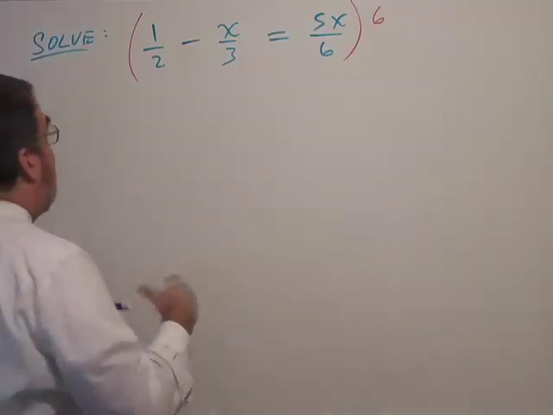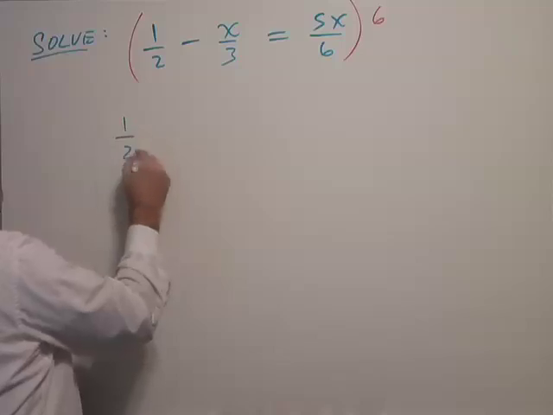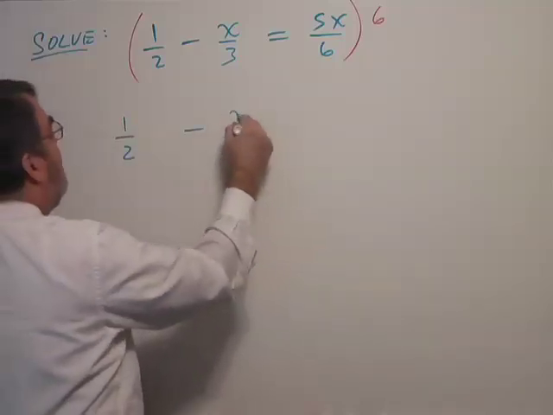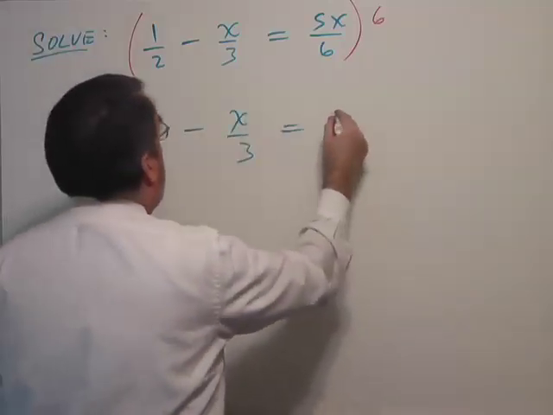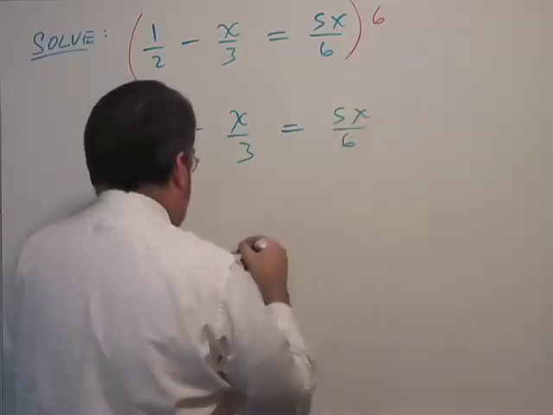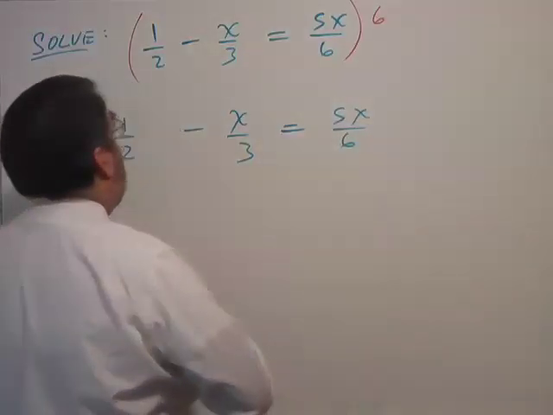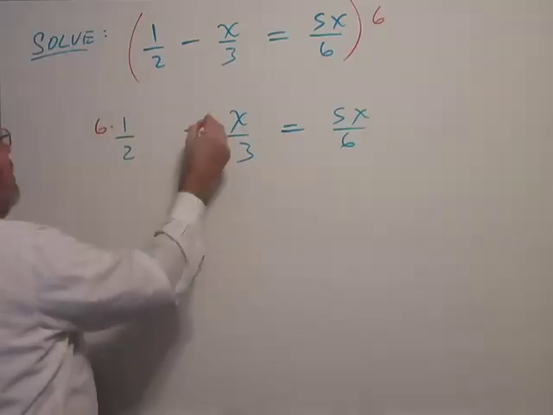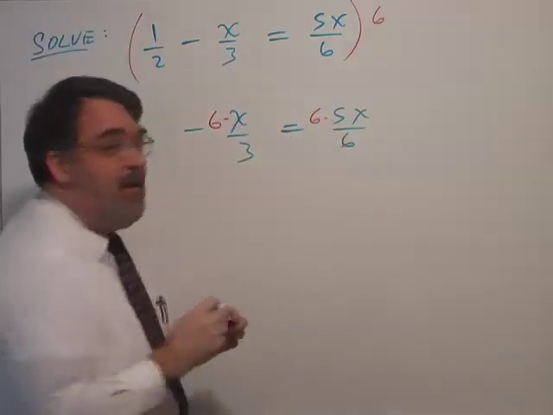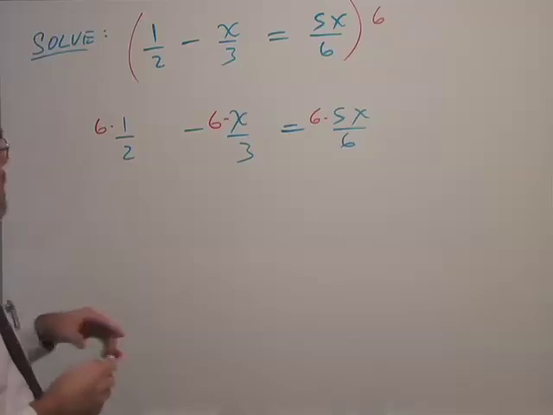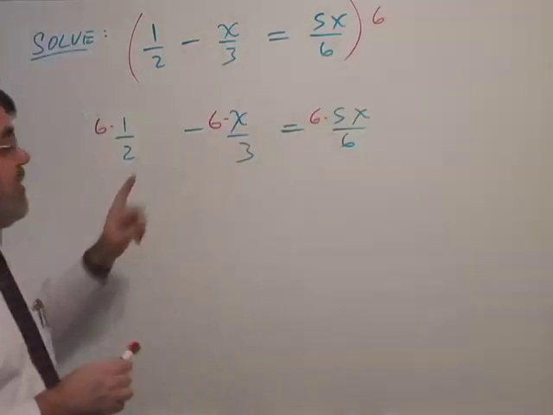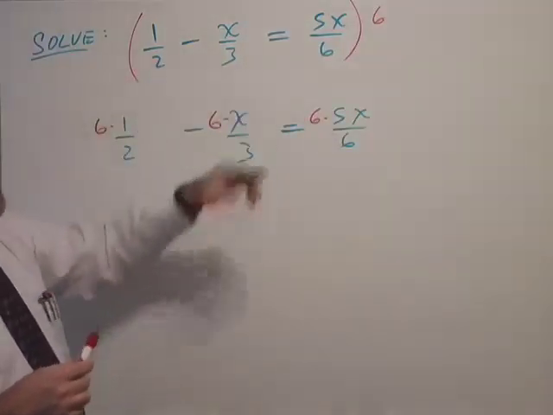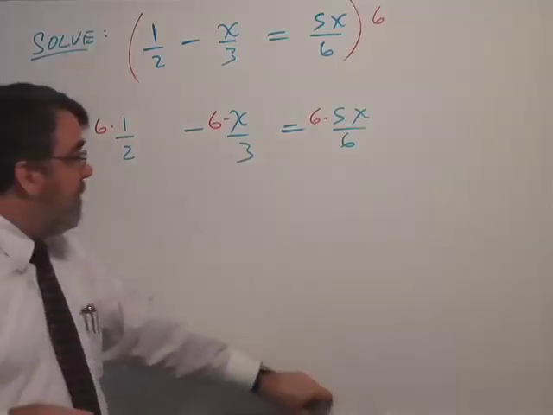Just to show that, let me highlight it by recopying the problem, and then I'll draw the 6 in red here. So all these numerators are multiplied by 6. In other words, I distributed the 6 inside the big parentheses I created.